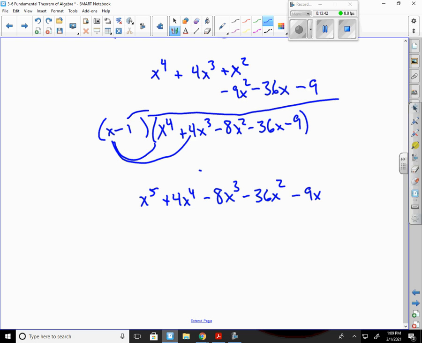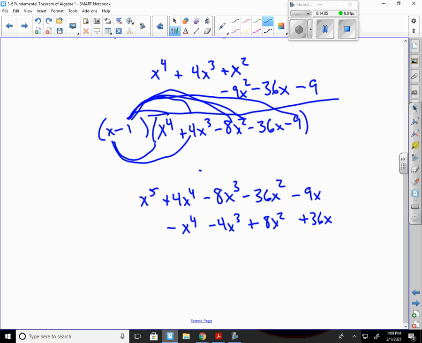And distribute the negative 1. That's negative x to the fourth, minus 4x cubed, plus 2x squared, plus 12x, plus 3.